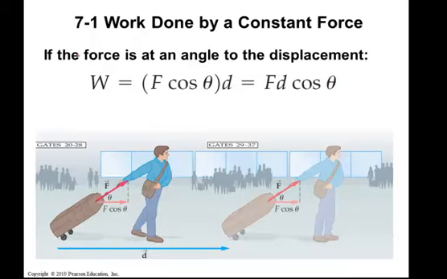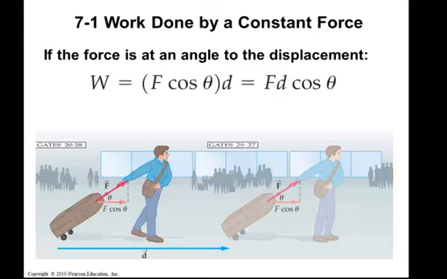Now sometimes the work is done at an angle. For example, in this particular case where we have a suitcase. So here, the suitcase is moving in this direction. Only the force that's in this direction can we count. So even though this is the total applied force, I can't use that whole force. I can only use this part of the force.